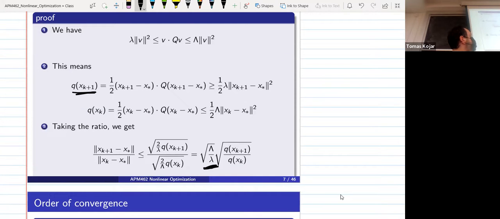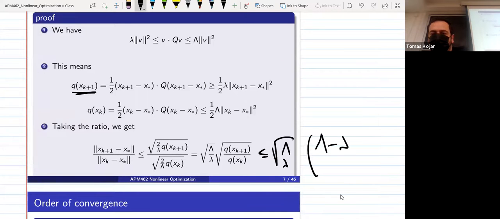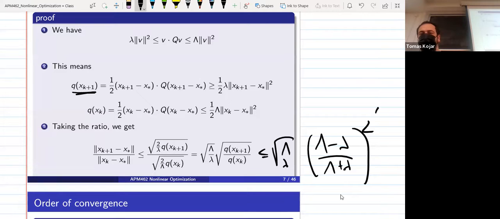And then we already computed this guy. It was, no, there was no square root: lambda minus lambda over lambda plus lambda, right? Good. So that's your rate, because this guy is less than 1. So as you take successive powers, it goes to 0.